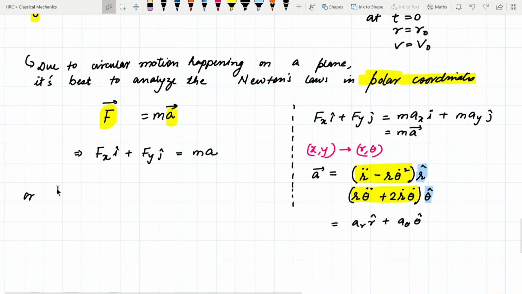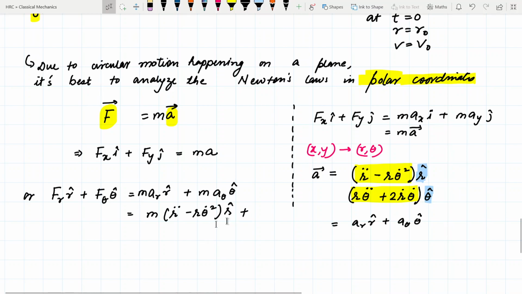I can also solve in terms of F_r r cap plus F_theta theta cap is equal to m a_r r cap plus m a_theta theta cap, which is equal to m (r double dot minus r theta dot square) r cap plus m (r theta double dot plus 2 r dot theta dot) theta cap.